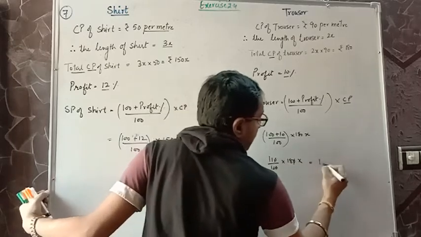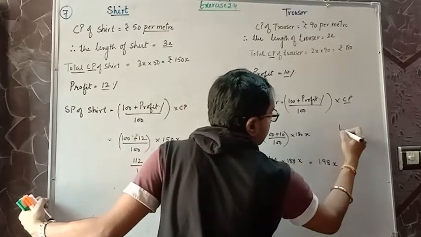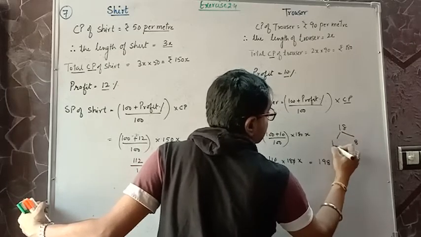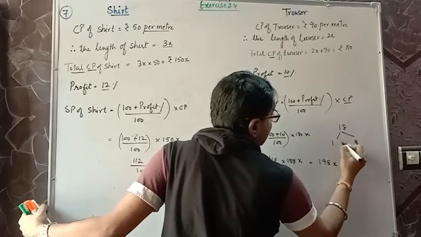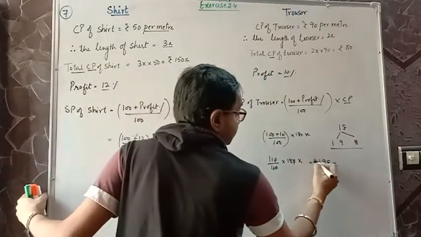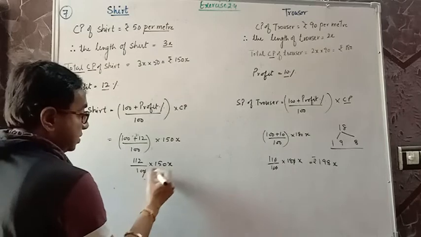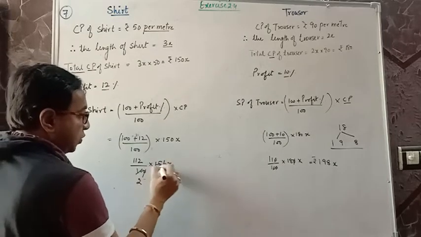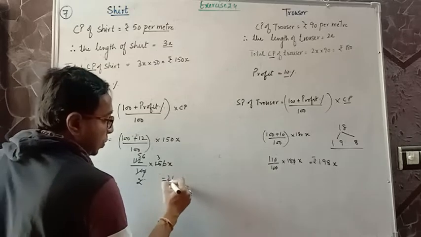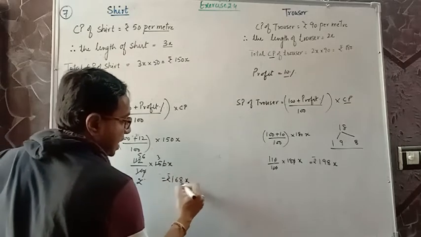I'll be getting 198x. I hope you know 18 multiplied by 11: 18 as it is, 8 as it is, 1 as it is, 1 plus 8, that's 9. That is why 198 rupees. Similarly for here, the zeros cancel. 5 2 5 3 5 6. I'll be getting rupees 168x.